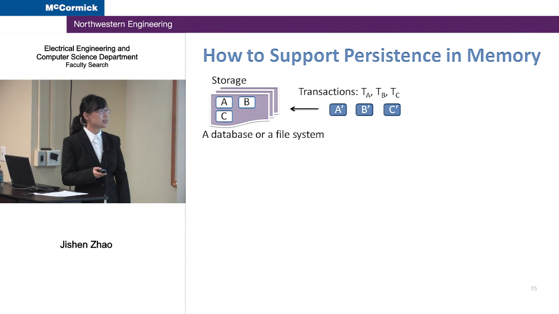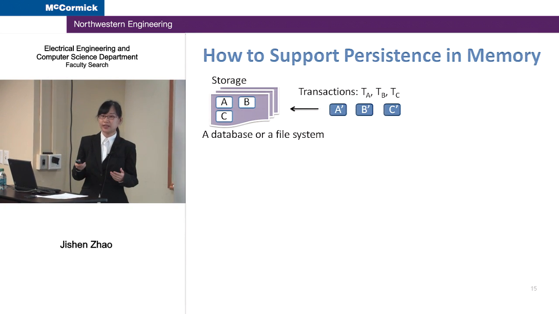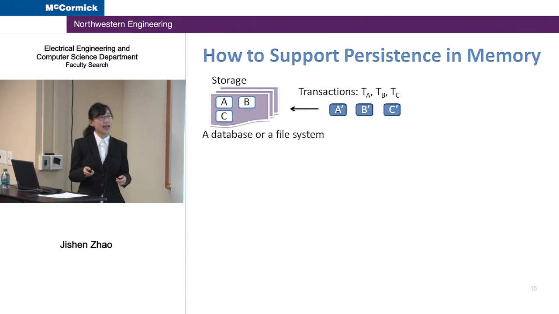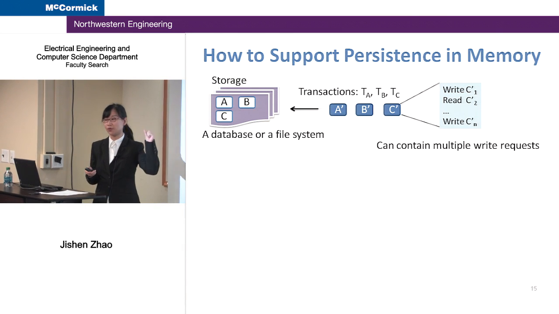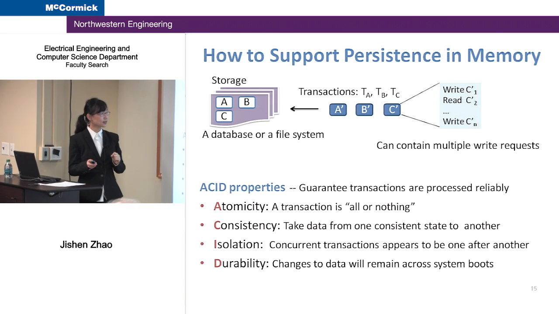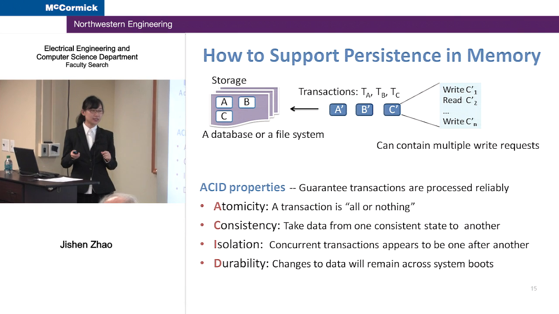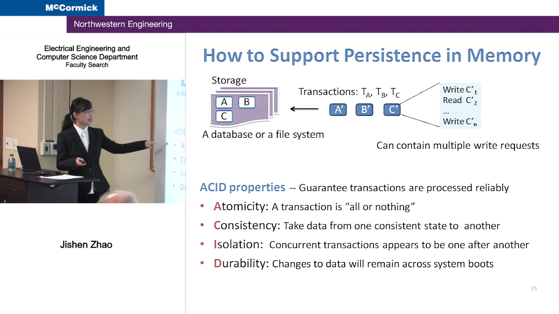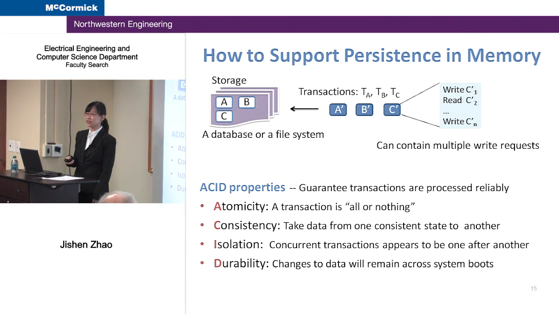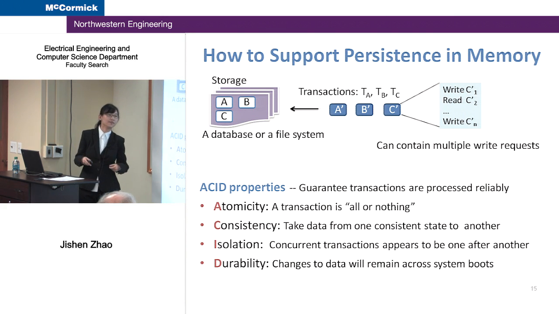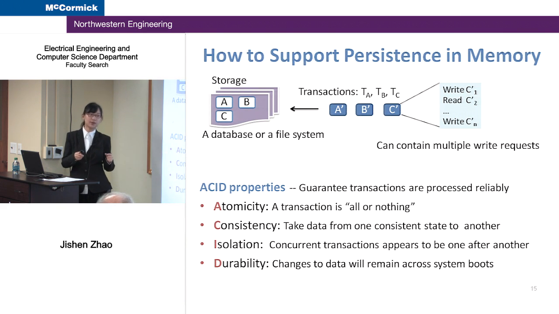A database and a file system are updated by transactions, and a transaction can contain multiple write requests. The database and file system need to maintain ACID properties to guarantee that transactions are processed reliably. Just like storage systems, persistent memory also needs to maintain these properties.